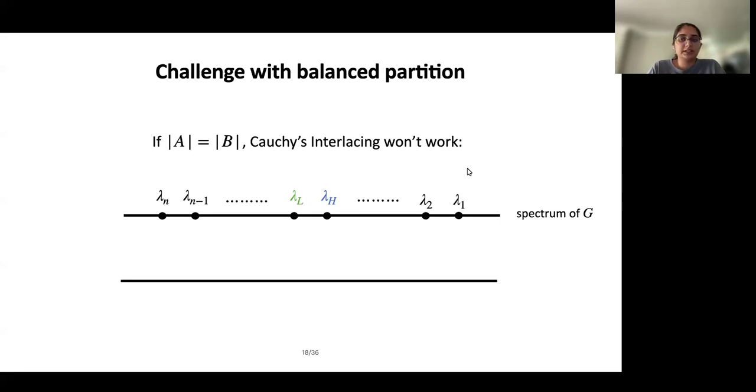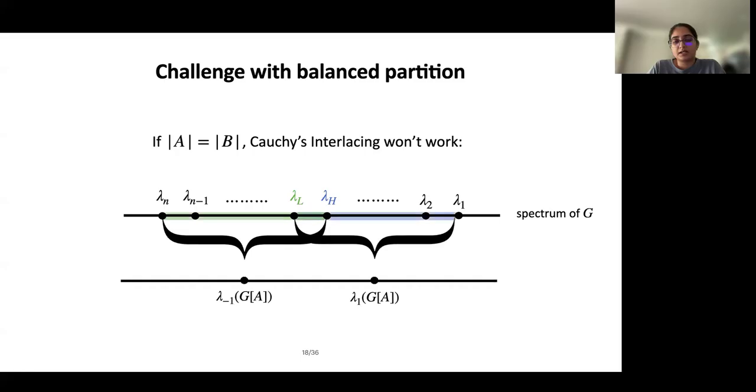Then the Cauchy interlacing theorem by itself is not enough for us, because then the smallest eigenvalue of G of A is only giving a lower bound on lambda H, not lambda L. Similarly, the largest eigenvalue of G of A gives you an upper bound on lambda L and not lambda H. So this by itself is not enough for our result.